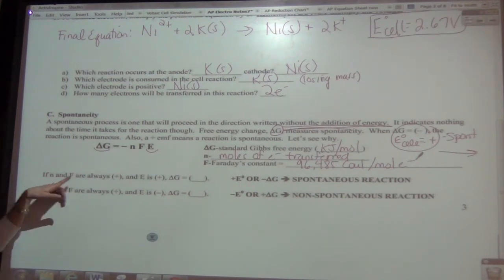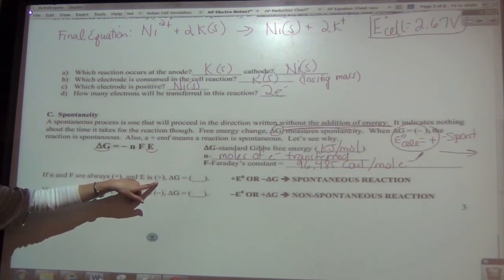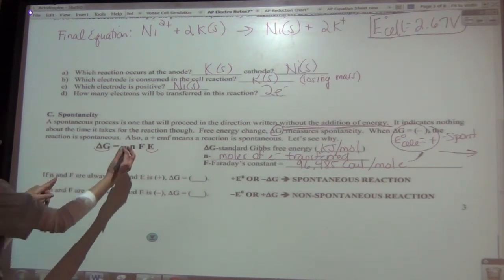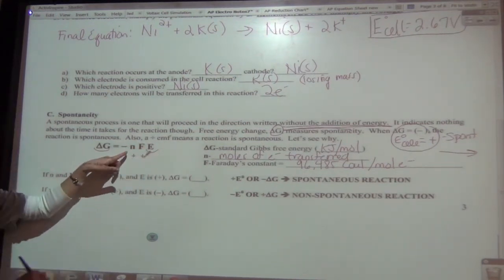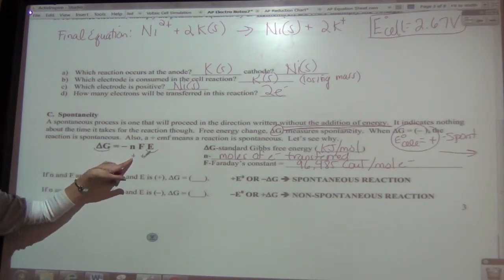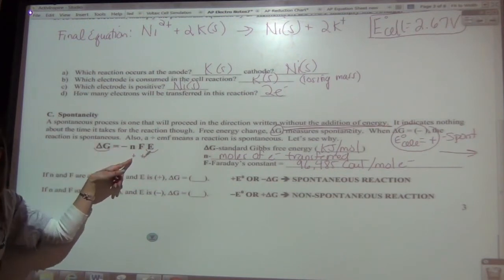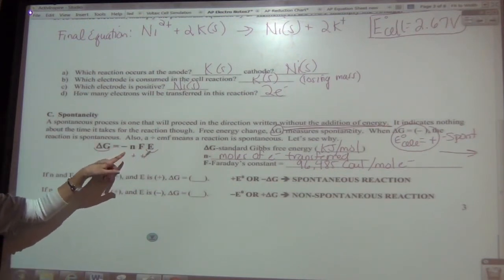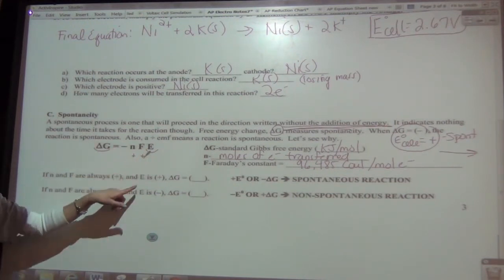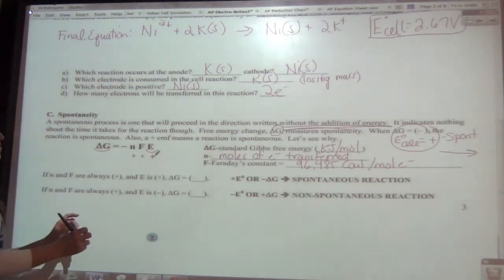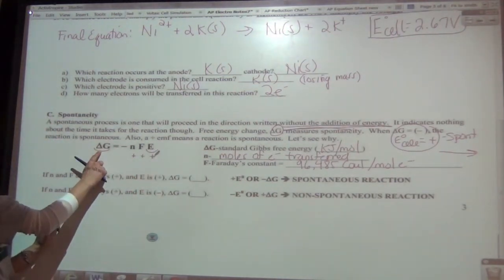If n and F are always positive and E is positive, these are always going to be positive numbers. There's a negative in front, but when you say moles of electrons, you're just going to say 2 moles of electrons, so it already does the negative for you. So you're going to say positive, positive, and if your E cell is positive, then what's your delta G?